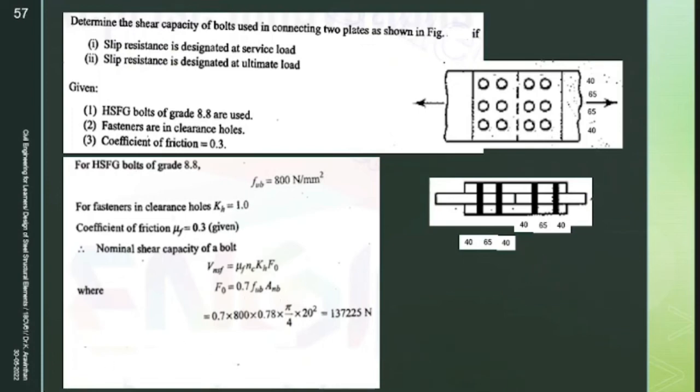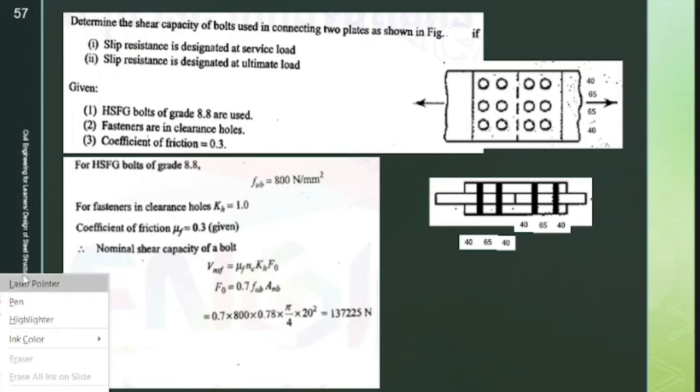0.7, FUB is 800 and net bearing area will be 5 into 20 square divided by 4. Multiply all the components, you will be getting 1,37,225 Newton. Now your NE is 2 here since double cover butt joint are used.